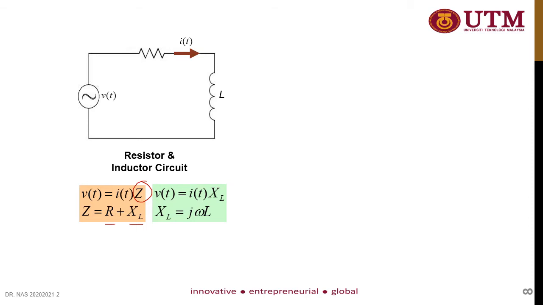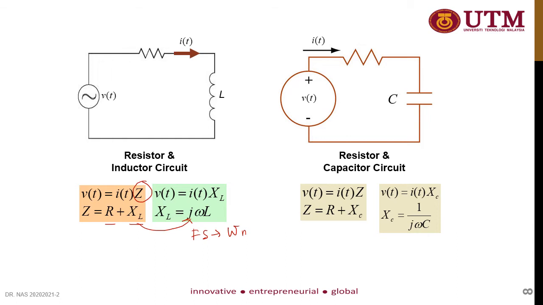Again, XL equals j omega n L. So in Fourier series, you really need to consider omega n, the number of harmonics involved in the equation. Same goes for a combination of resistor and capacitor. The total impedance is equal to R plus XC, and XC is given by 1 over j omega n C.